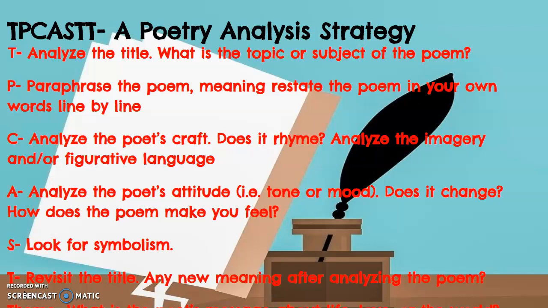The S, we want to look for symbolism in our poem. We're not going to find it in every poem, but we want to be looking for those images within our poem that are very, very significant. So we want to be looking for images: trees, boats, animals, the sky.